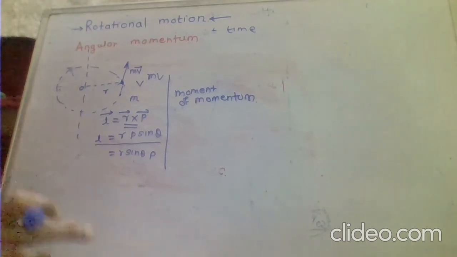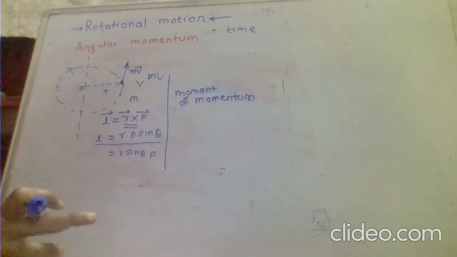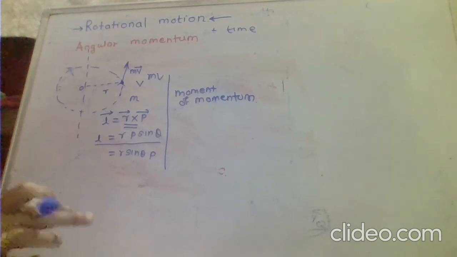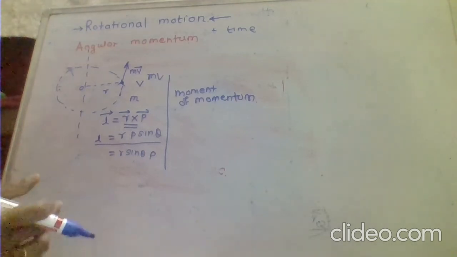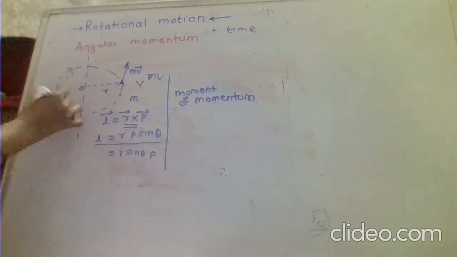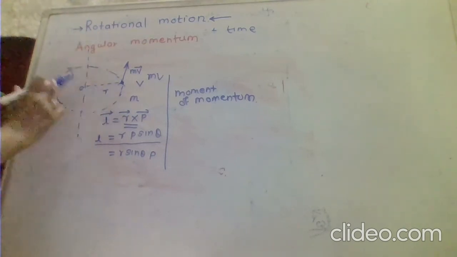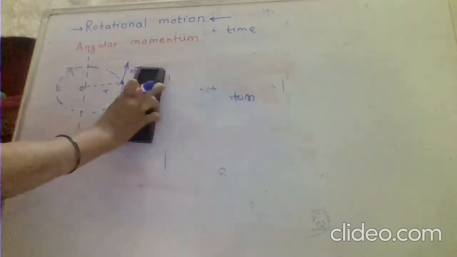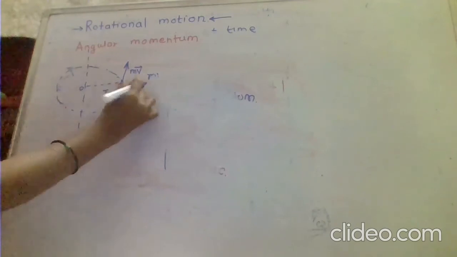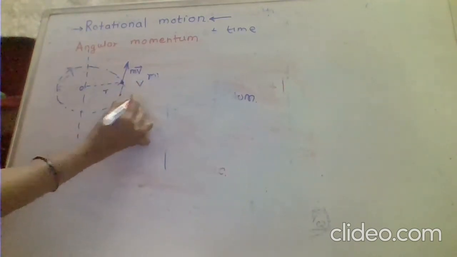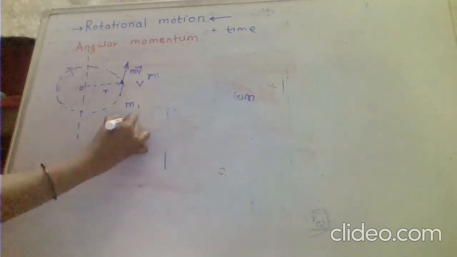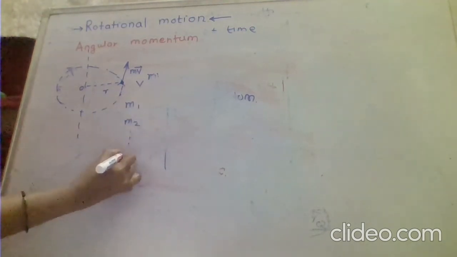Now, if we consider a rigid body, meaning a body in which the distance between two particles is fixed, then the body is said to be a rigid body. Suppose in the rigid body there are a number of particles, and the rigid body is rotating with angular velocity omega about this axis. Suppose the body has a number of particles having masses m1, m2, up to mn.